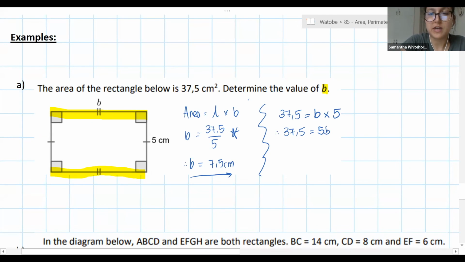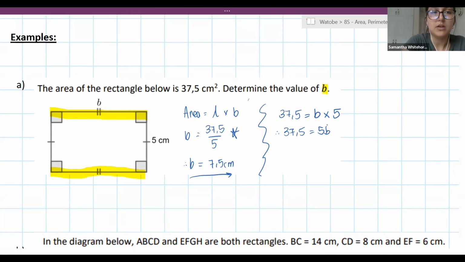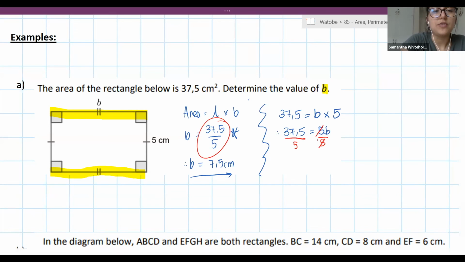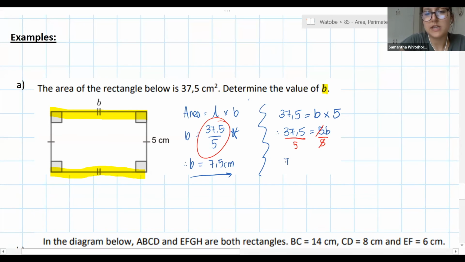Now I don't want 5B, I want B, which means that I need to divide both sides by 5, which is what I'm doing there, in order to get B alone. And so that is where we're getting 7.5 centimeters from, by taking the area and dividing it by the breadth.